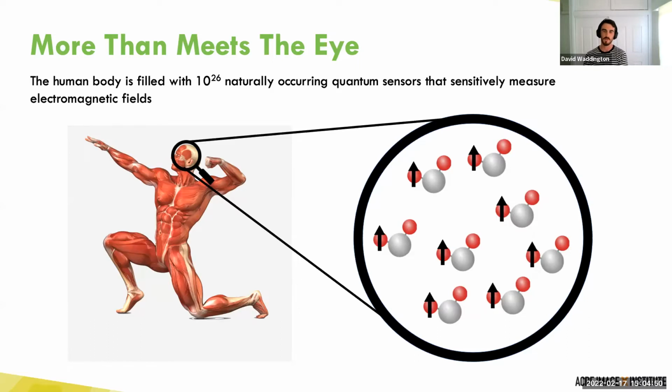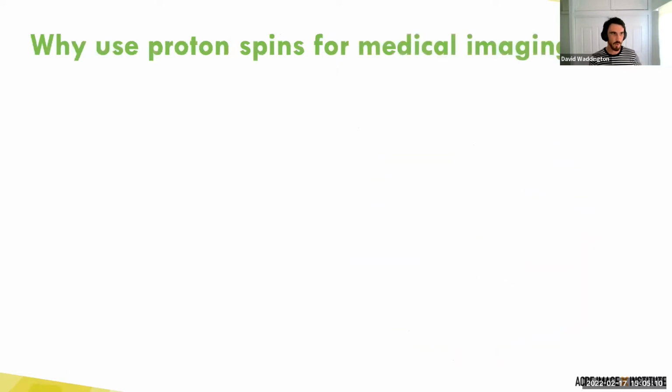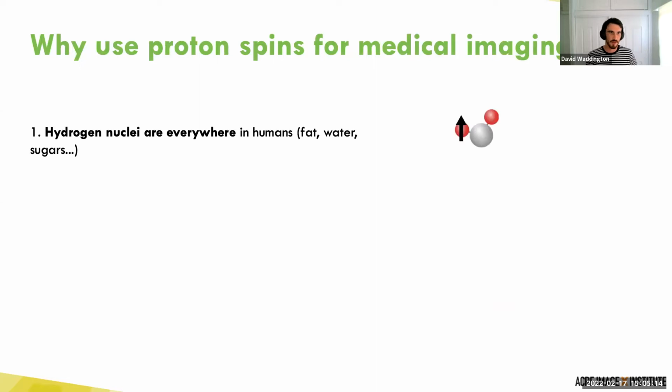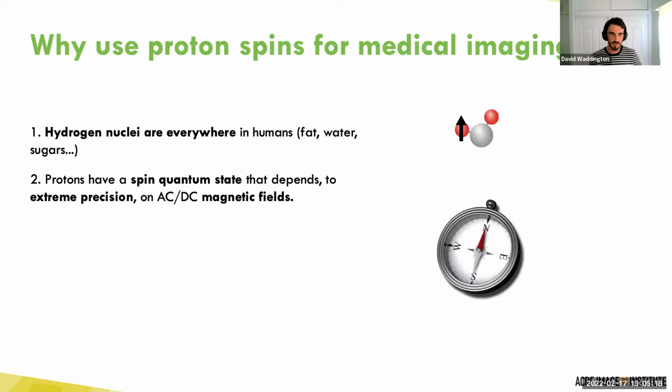And so what we're going to dig through here is, with these hydrogen nuclei that are already everywhere, how do we turn that into MRI? It's magnetic resonance imaging, and what is it about these hydrogen nuclei that allows us to do this? We know they're there, so why do we want to use them? We know they're everywhere: fat, sugars, as well as water.